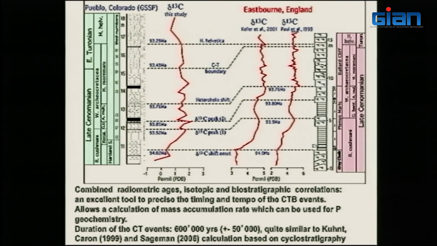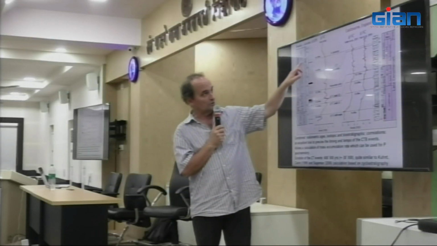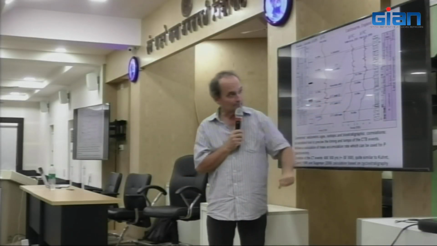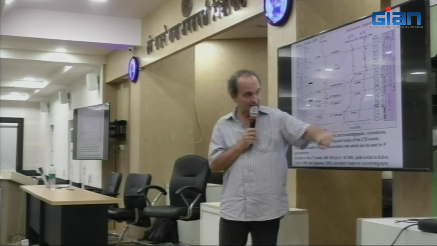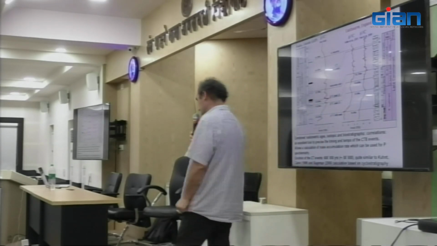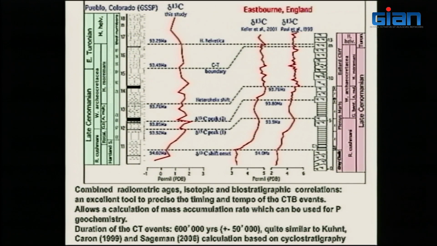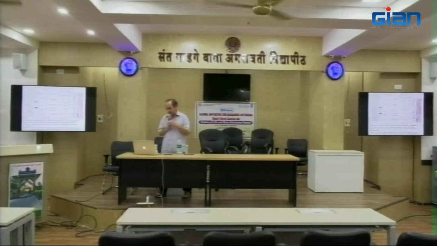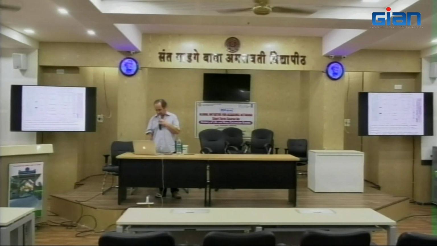And in this way, we can date also the biostratigraphy, and we can date all these peaks here, the delta C13, because these changes are global. They are global in the ocean, so you can correlate them. So it means that you can, for example, correlate Colorado with England, okay, where we don't have any bentonite, but we have the delta C13, and we have the biostratigraphy. So this is very important, because in this way you have an idea of the timing and the tempo of this event.